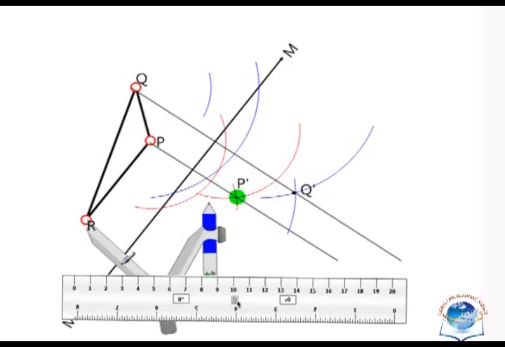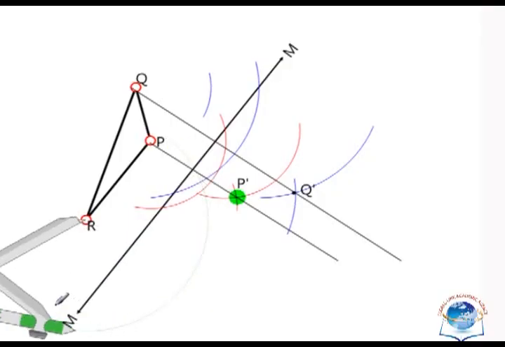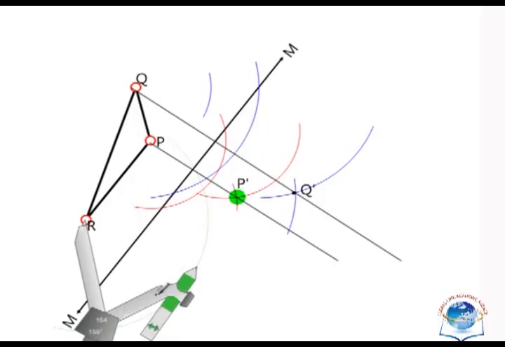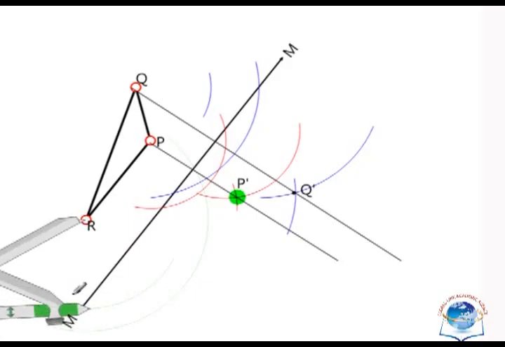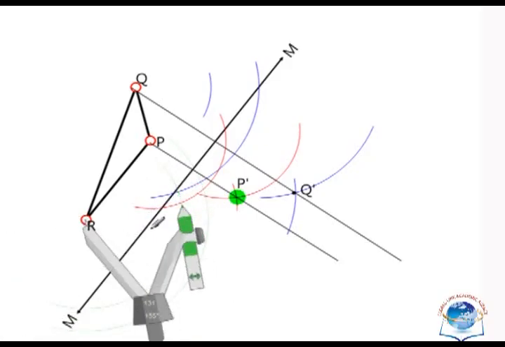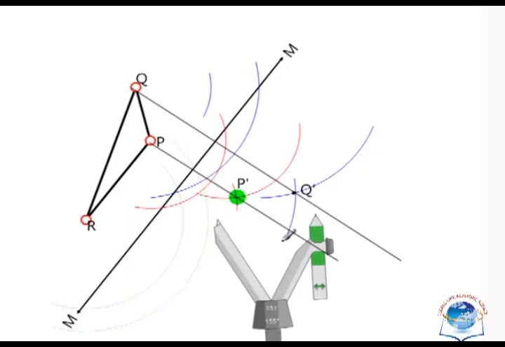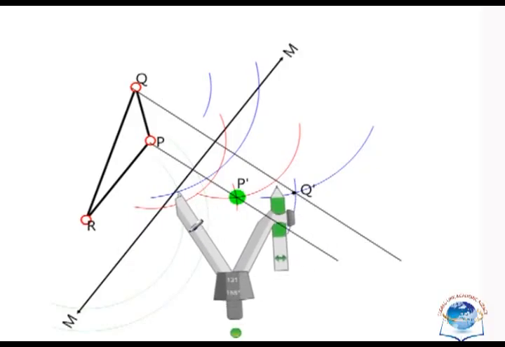Lastly, we have R. That radius is too big. Yeah, that should do. Mark an arc. Then come here and mark another arc.